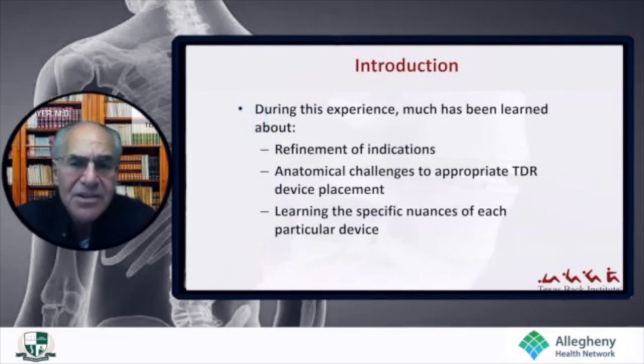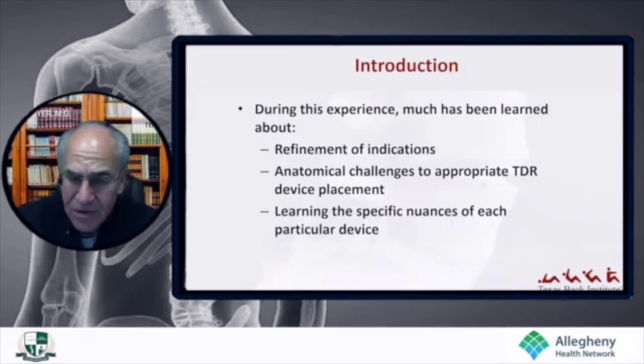During our experience, though, we've learned a lot about arthroplasty. We've learned about the refinement of the indications. We learned about the anatomical challenges in order to have appropriate TDR placement. And also we learned the specific nuances of each particular device, and they're all different in their own way.